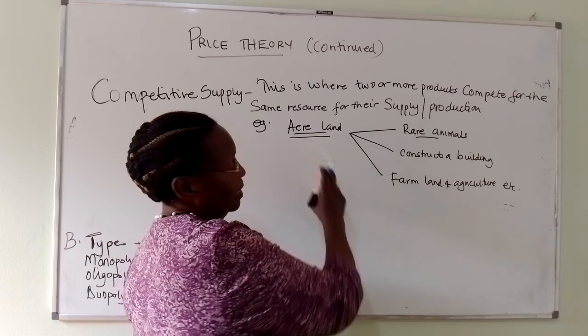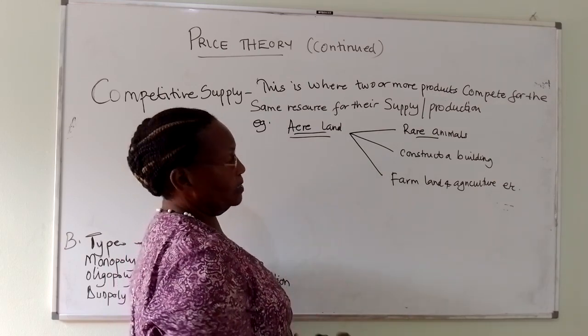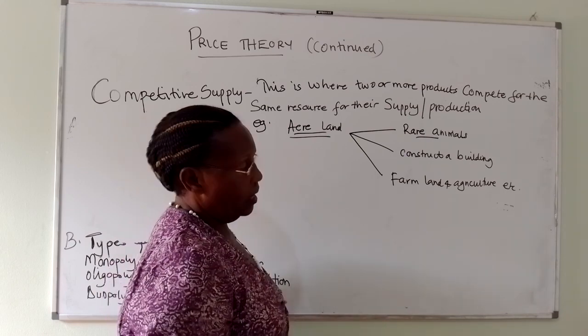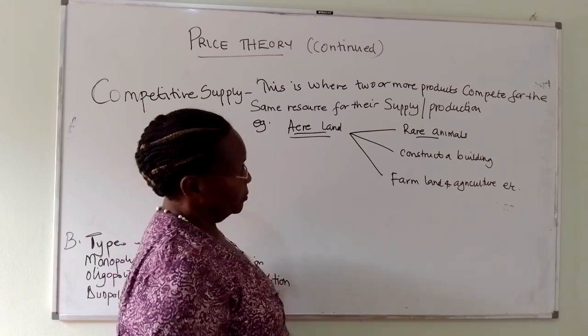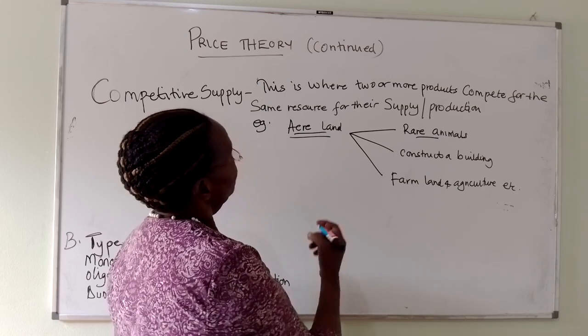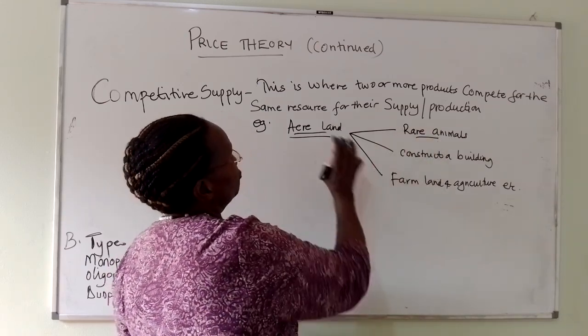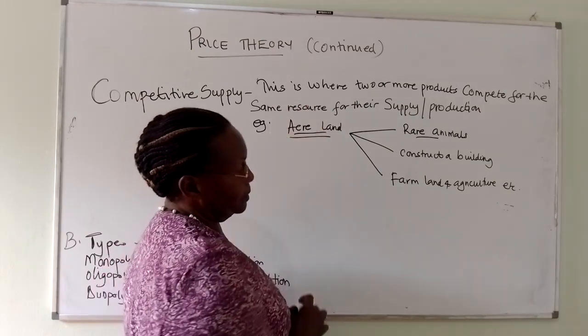On the limited land which I have, what is the best economic activity that I'm going to utilize it for? So the moment you choose one and leave out another, you create an opportunity cost. So we find that all these activities are competing to be done on that land.